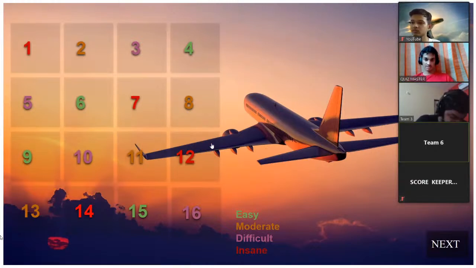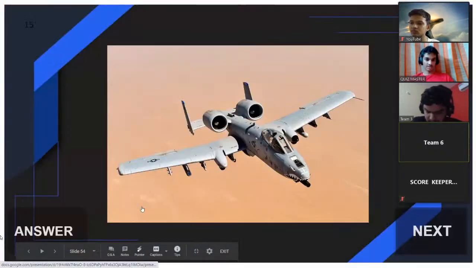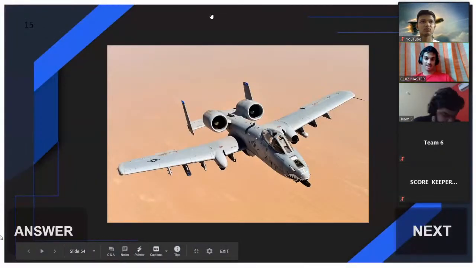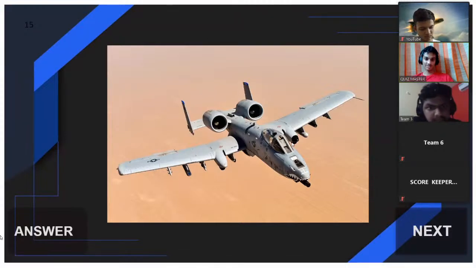So team 6 goes with 15. Okay. The last easy question. Again, an extremely iconic aircraft. Pounces open. Team 1. Team 4. I'm closing pounces now unless someone wants to pounce.